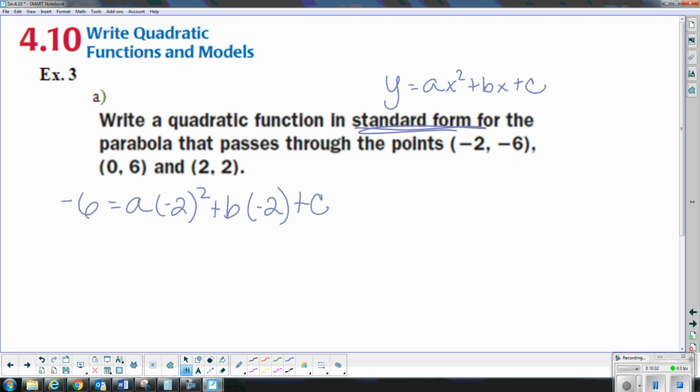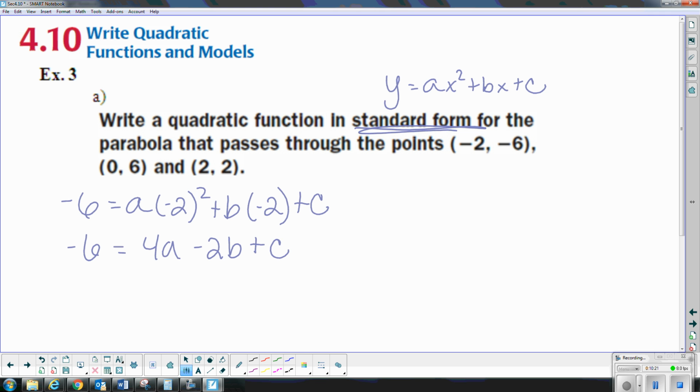And then I'm just going to simplify this. Negative 6 equals 4a minus 2b plus c. So that's our first equation.